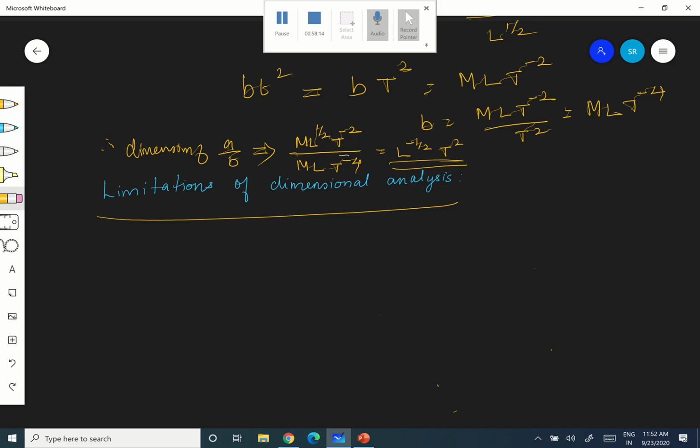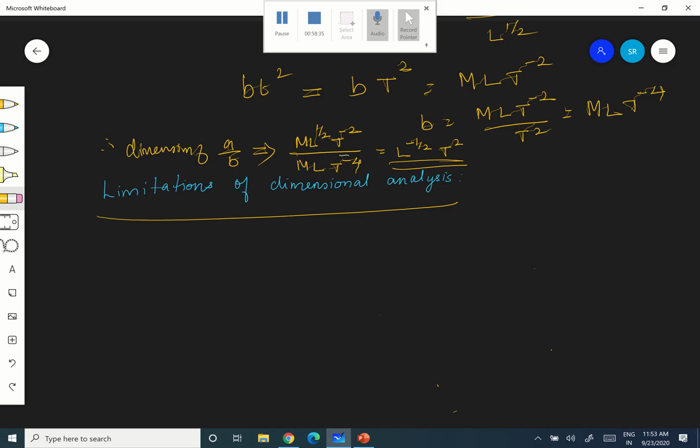Maximum you can find only 3. Is it clear? That is very important. If a physical quantity depends on more than 3 quantities, you cannot derive the formula by the method of dimensional analysis.